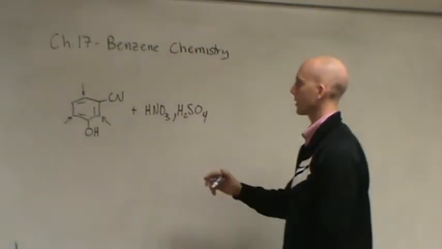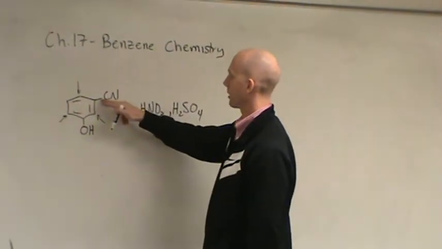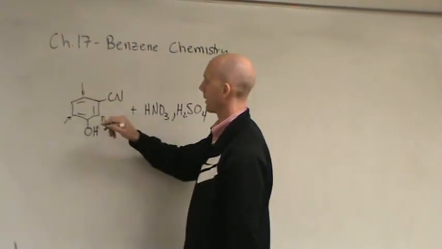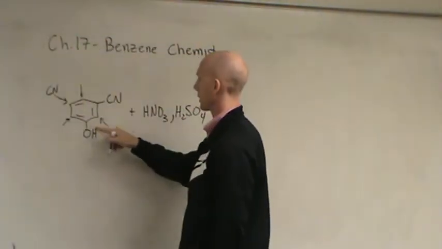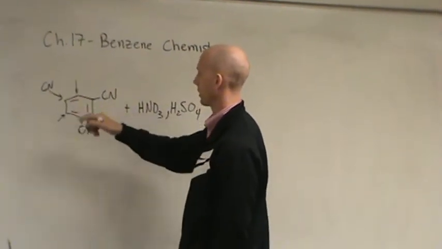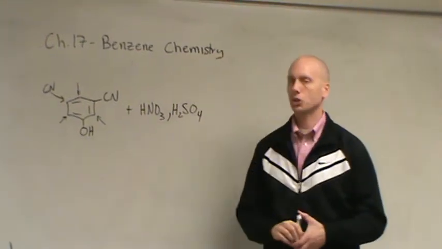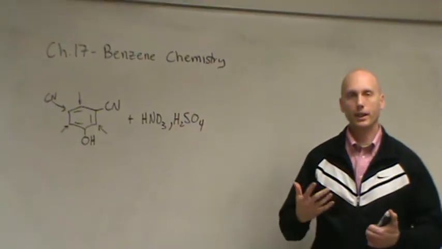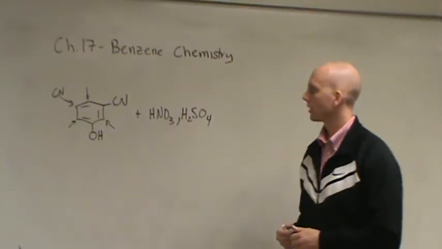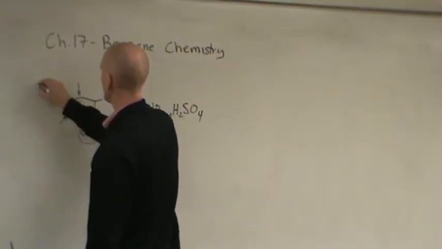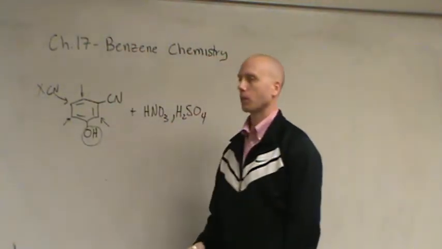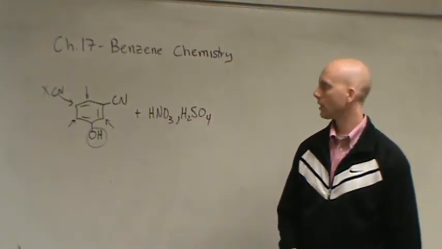Where is the CN directing? Meta, ortho, meta. Okay, and this meta is already taken. So CN is directing over there. We'll here have to make a decision. Again, OH is the most powerful, so we're not even going to consider there.